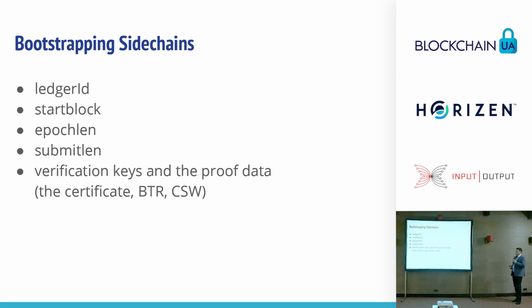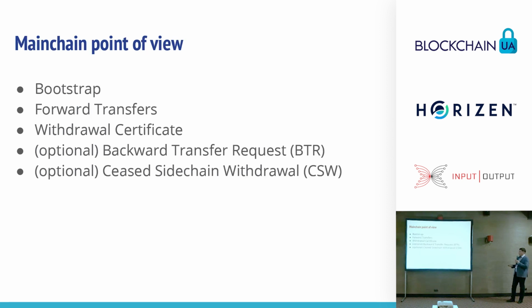It can be 1 hour or several days or longer. It depends on the specific epoch length. We have the submit length. This is also a liveness parameter for submitting a certificate. And we have some verification keys and some other service data, which is needed to run this sidechain.